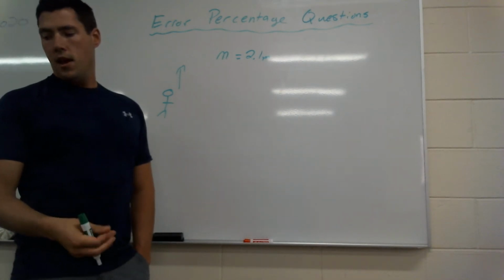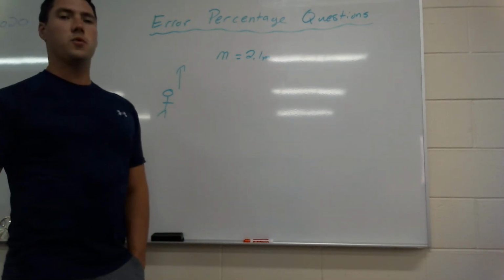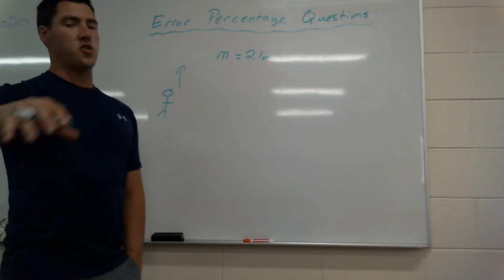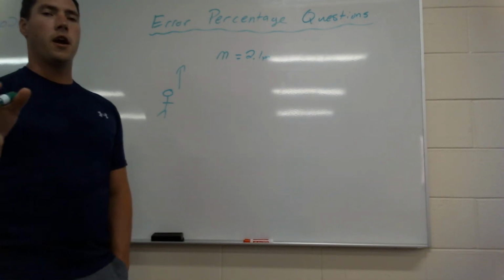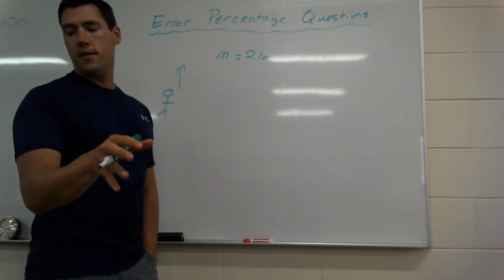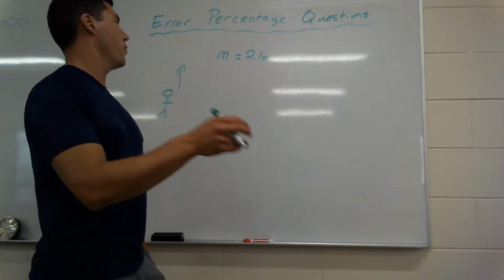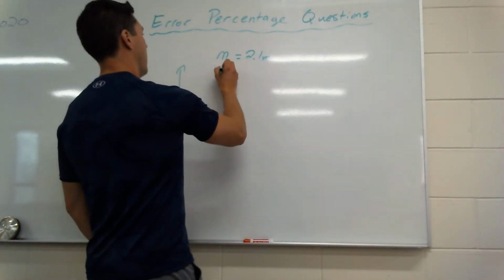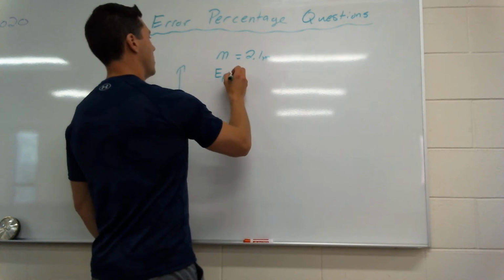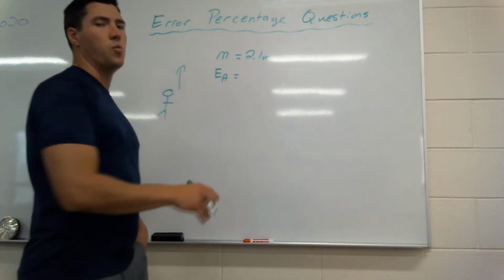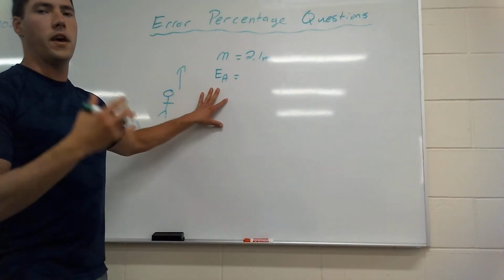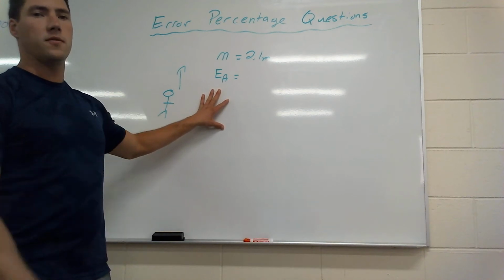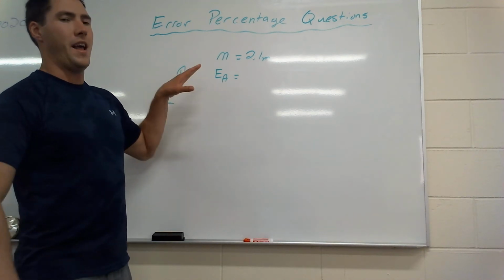This question is similar to some of the practice questions you're going to have on your error estimation sheet. It says that absolute error was 0.4. We haven't exactly gone over this. If you watch the intro video on error percentage, the last video that I made, it talks about what an absolute error is.